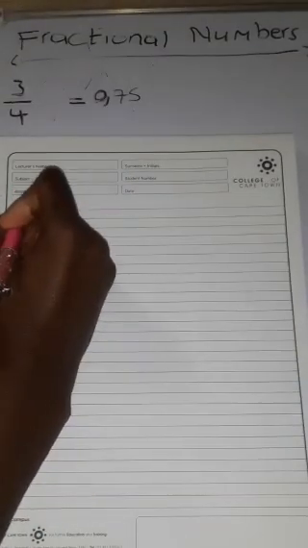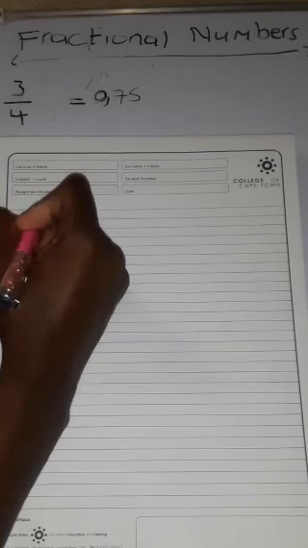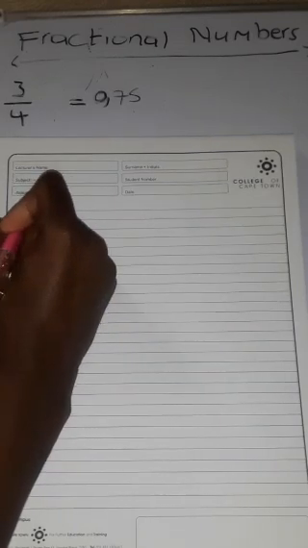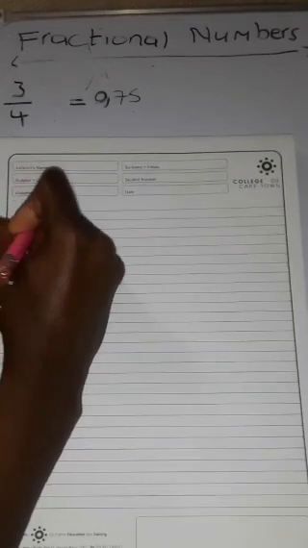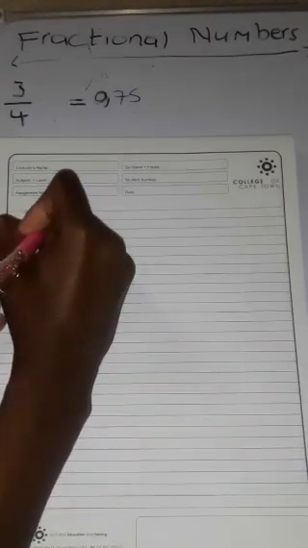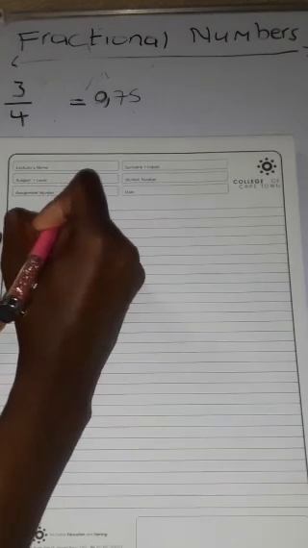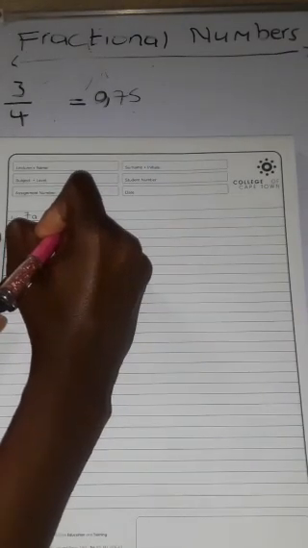Now we have to solve the multiplication first. So we write the bracket, open bracket, put 7 times 2. Then close the bracket and put a.